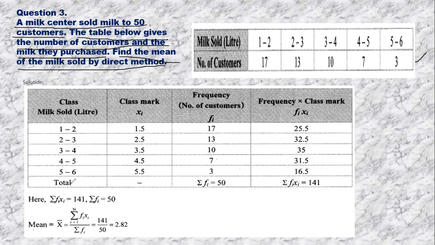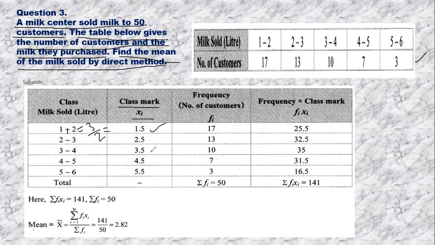So again we draw the table. First we write down the class. Then we find out the class mark. Again apply the same formula: 1 plus 2 you get 3. So 3 divided by 2, you get 1.5.